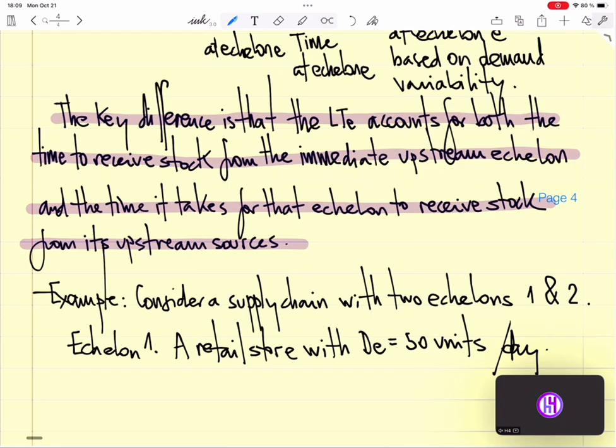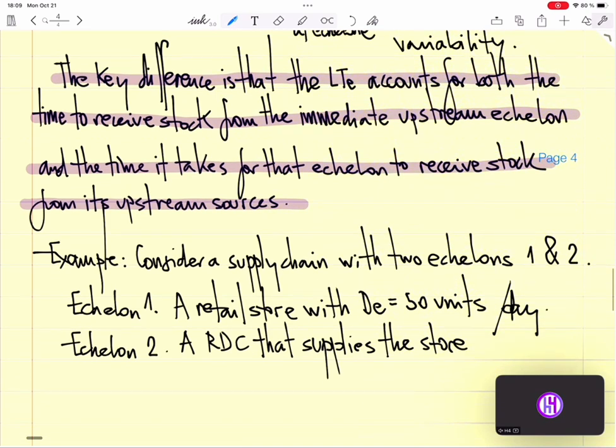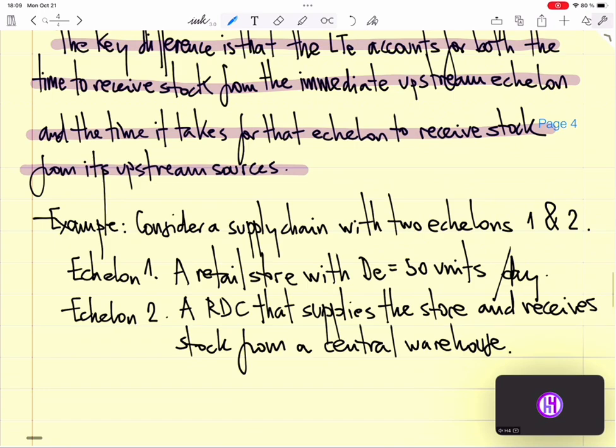Good. And then echelon 2, a regional distribution center that supplies the store and receives inventory or stock from a central warehouse. So we cool?